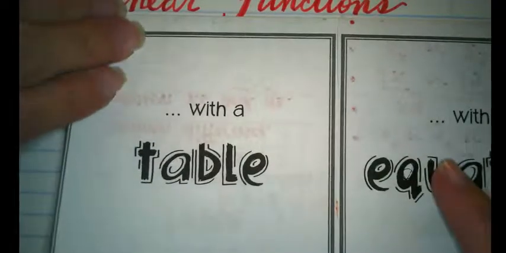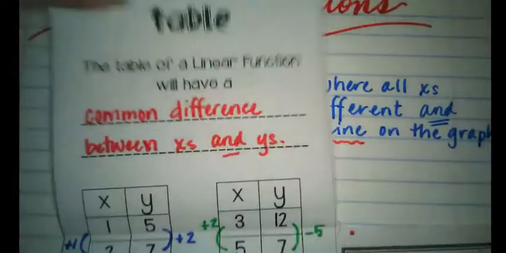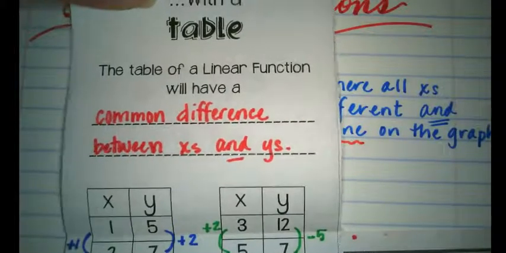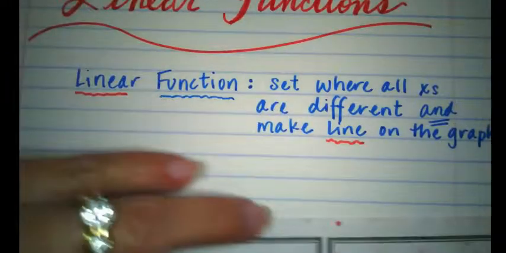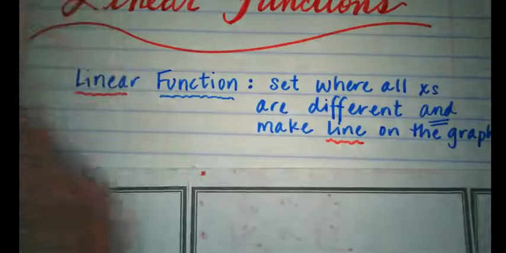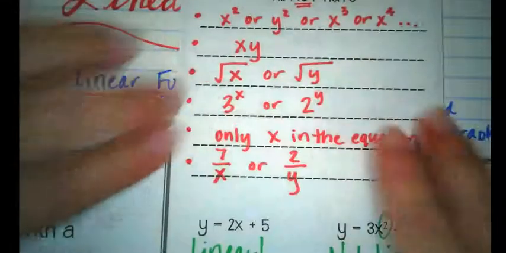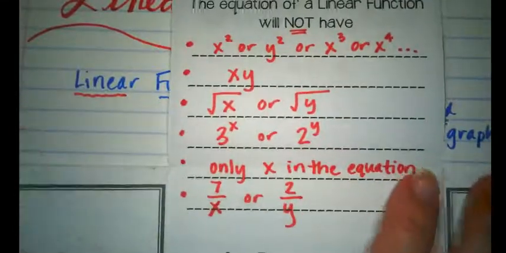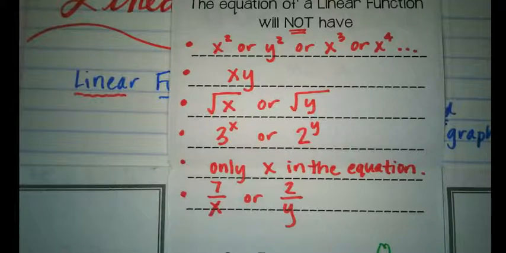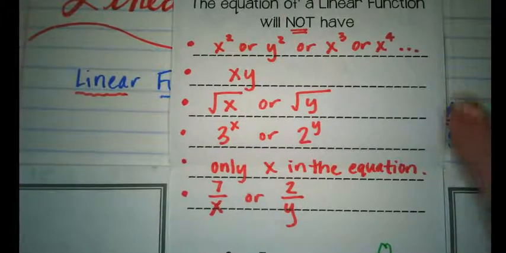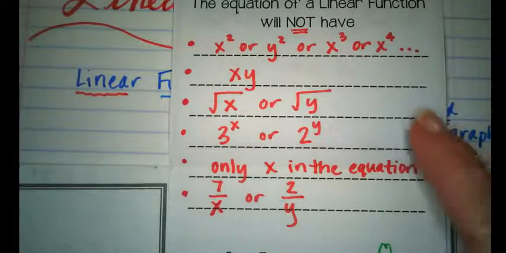Hopefully you remember that a table will have a common difference between the x's and the y's. And then looking with an equation, instead of making a list of what a linear equation will look like, we have a list of all the things that a linear equation will not have in it.